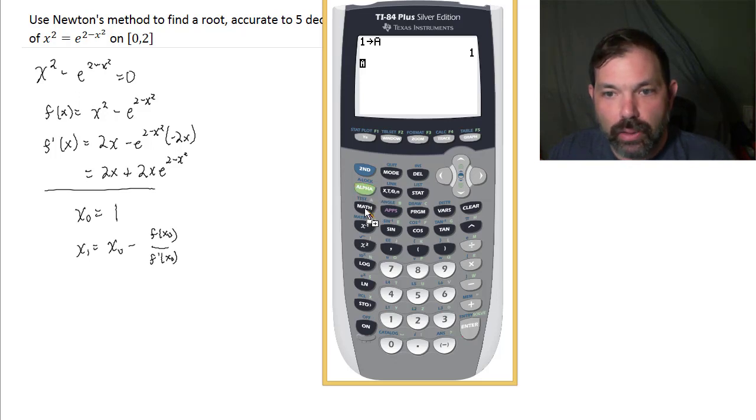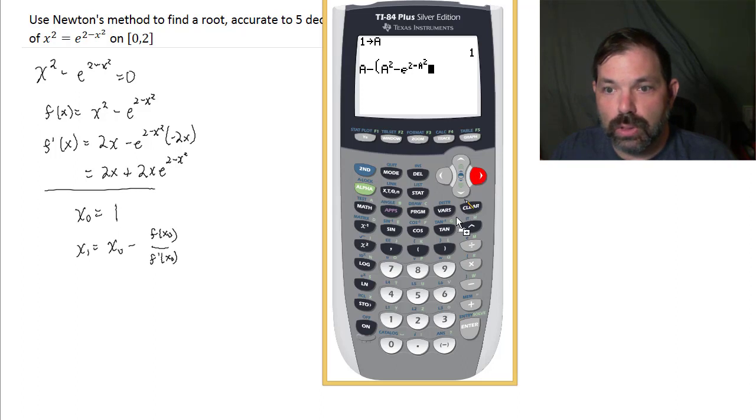I need the a value, subtract the function at a. Well, the function at a would be parentheses, alpha a to the second power minus, where's my exponential? Blue and the natural log button. The exponential of 2 minus alpha a to the second power.